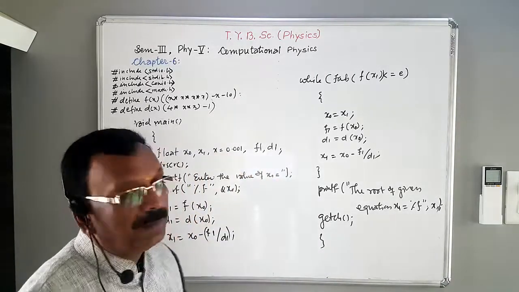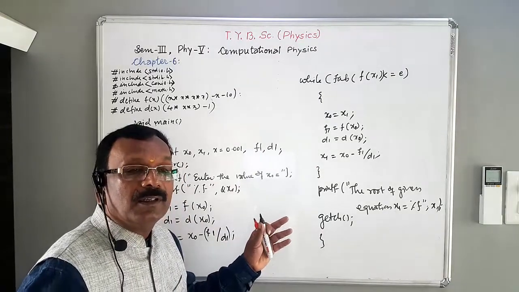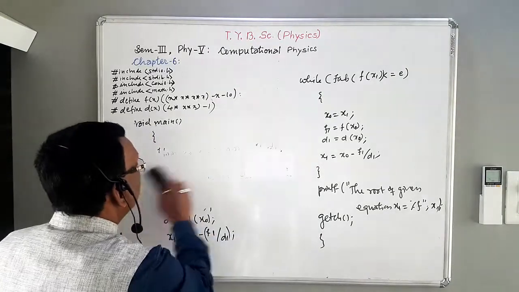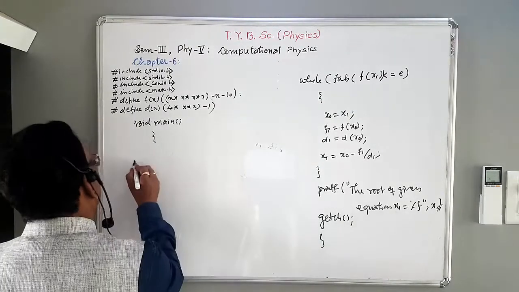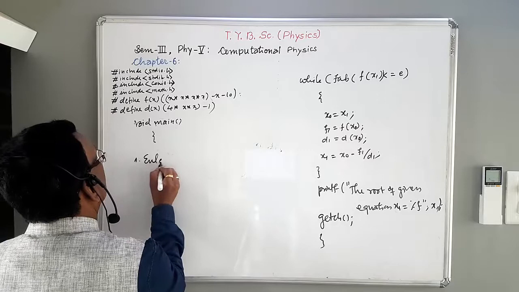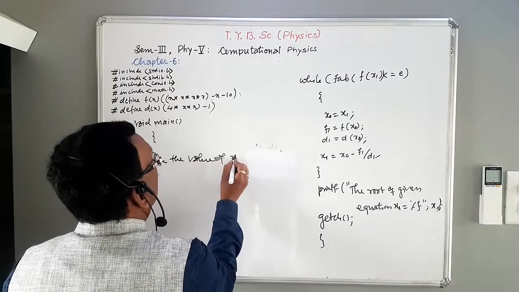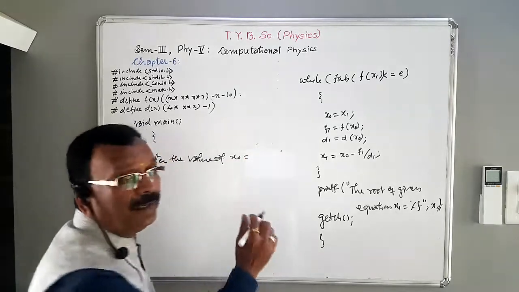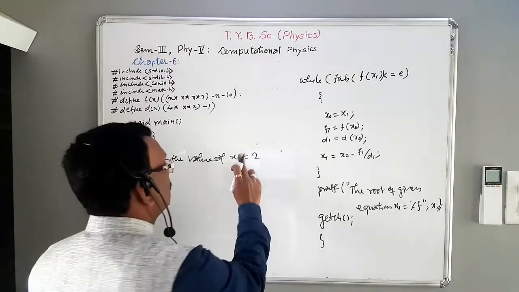And when this program is executed, after the execution of the program, the message displayed on the computer screen is like that, that is the output of the program: first, enter the value of x0. Suppose you enter the value 2. Okay.